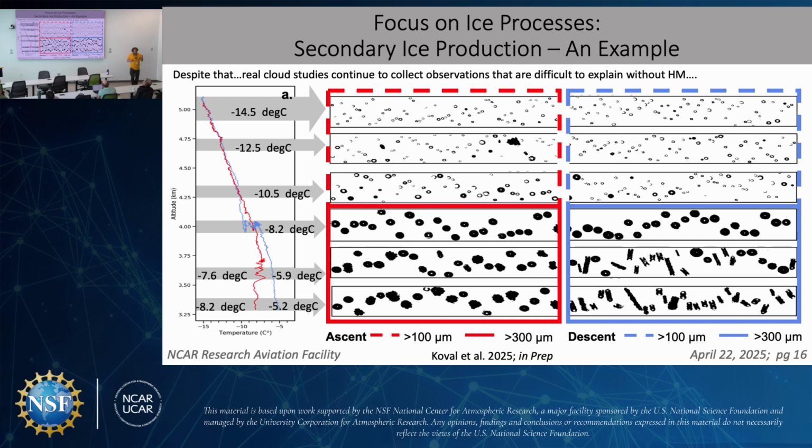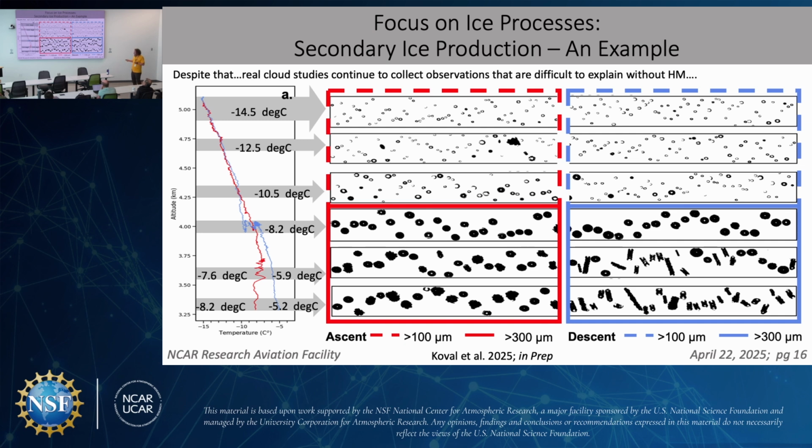And here we're looking at two profiles through the cloud. On the left-hand side, we were ascending through a stratus cloud from a base of a cloud that was around -5 degrees Celsius up to a top of a cloud that was about -15 degrees Celsius. And on the right-hand side, on the blue side, we're descending through that cloud, okay?